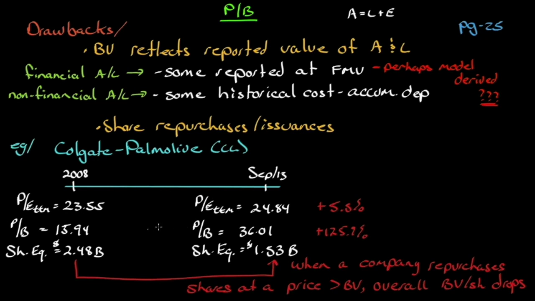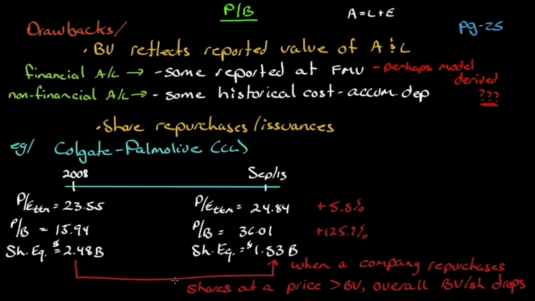So if you were looking at it in isolation, you might want to make some judgment about the price. But if you looked at it in terms of PE, you would say, well, we can't really make a big judgment about the price or the cost of the shares based on some multiple of something. So what happened to price to book? Share repurchase. So that can throw comparisons off if you don't account for that over time.